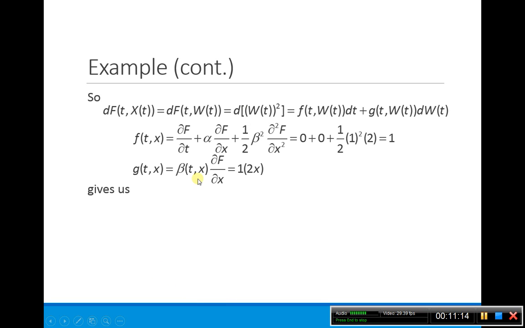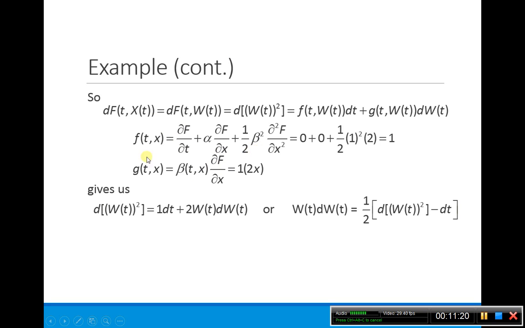So putting this all together, this is what we had in the previous slide, this gives us that the derivative of W squared is our 1, our f dt, plus our 2W dW, or we can actually solve for this W(t) dW, and we have this part. So remember, I'm deriving that formula for the integral of W(t) dW.